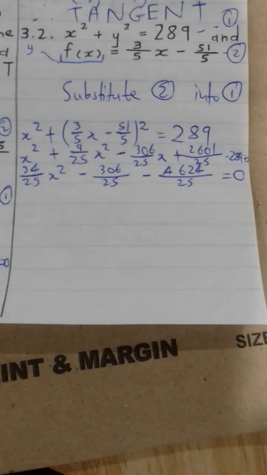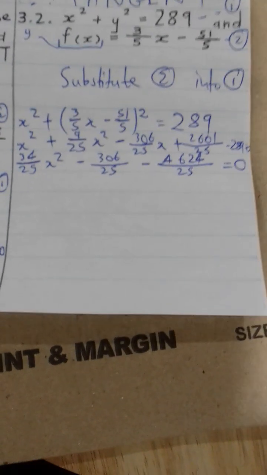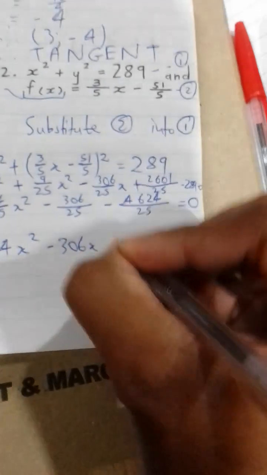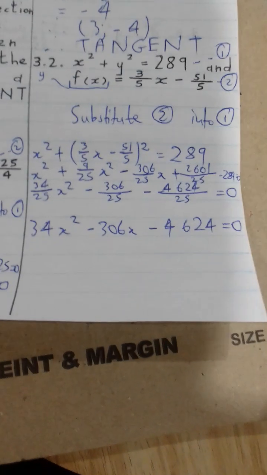Okay, we're going to multiply everything by 25 to make things simpler. So we have 34x squared minus 306x minus 4624 being equal to 0.